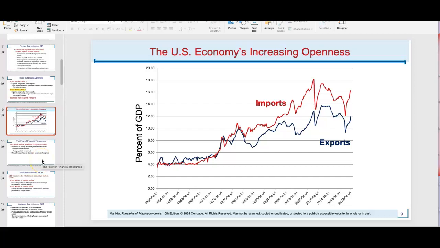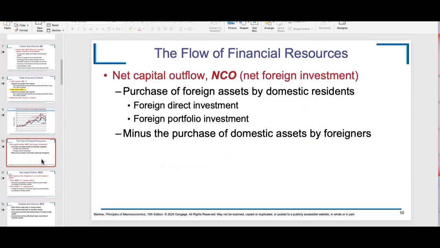Now let's look at the other side of the coin, which is the financial flow, right? We said every time we purchase something, we're actually using money to buy and sell the goods that we're importing and exporting. So there's a capital flow of money and assets in and out of the USA. The capital flow is the purchase or sale of foreign assets by domestic residents.